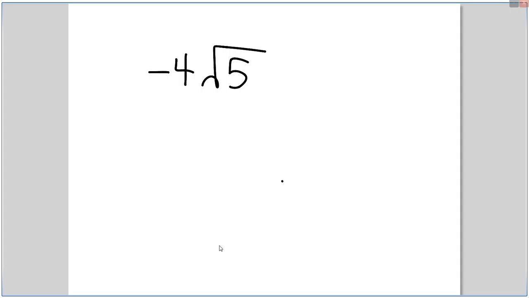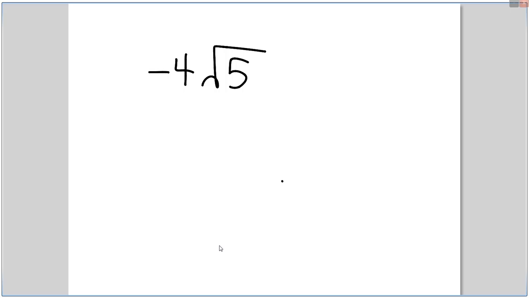Got it? Got it? Got it? You guys all get 10% on your next homework. 10% bonus on your homework. It's nothing. It amounts to nothing.